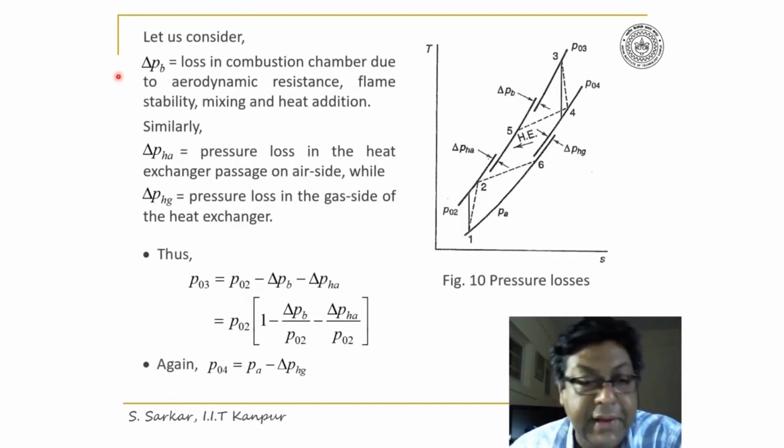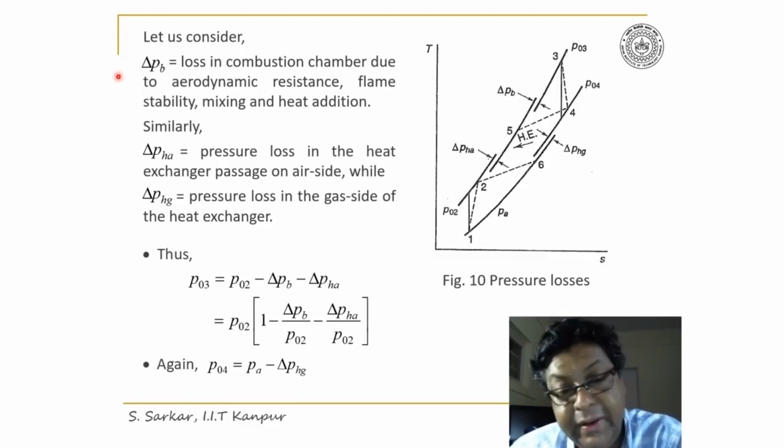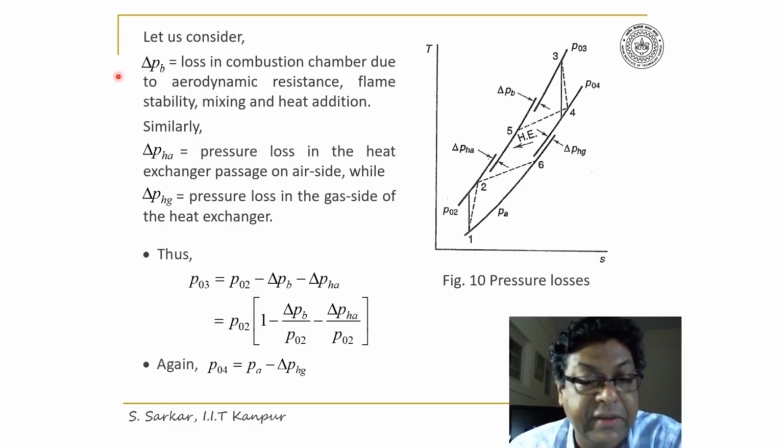Let us consider now del Pb is the loss in the combustion chamber due to aerodynamic resistance, flame instability, heat addition. Similarly, del Pha be the pressure loss in the heat exchanger passage on the air side, where del Pag is the pressure loss in the gas side of the heat exchanger.